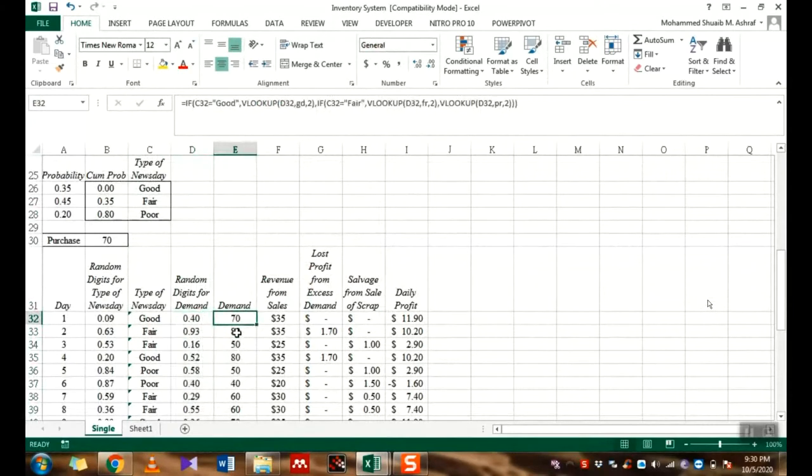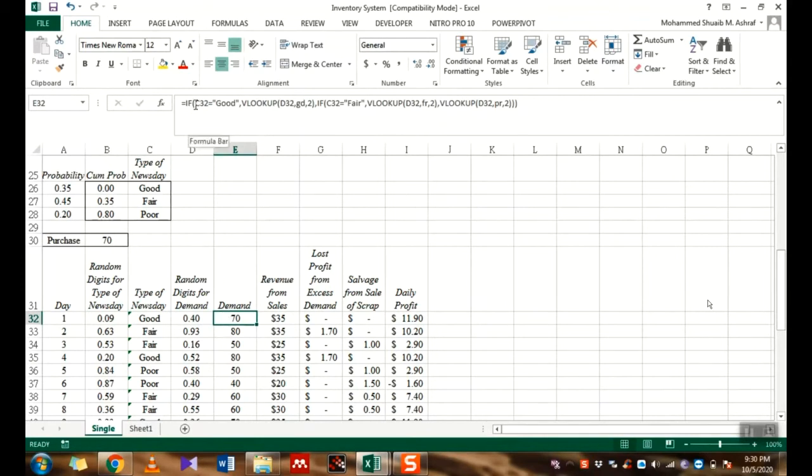Now I will compute the demand. I will compute the demand for day 1 with this random value. Okay. So let's see. News day is good and the random digit for demand is 0.40. Now, what I will do, I will use an if condition.